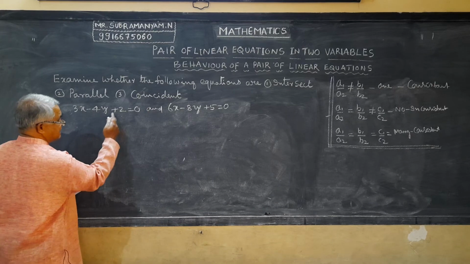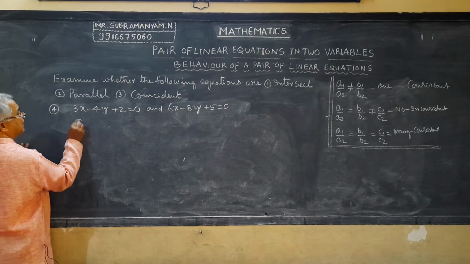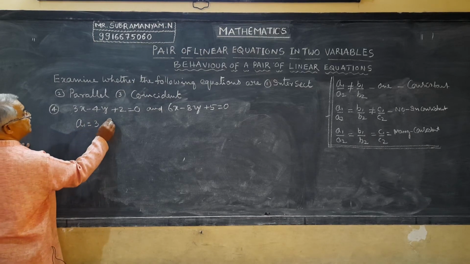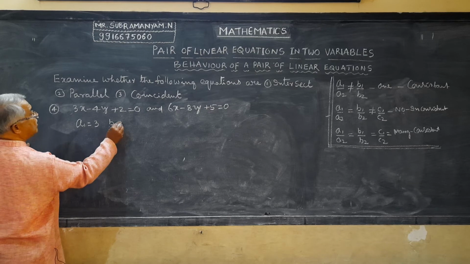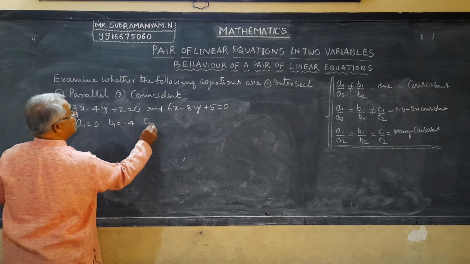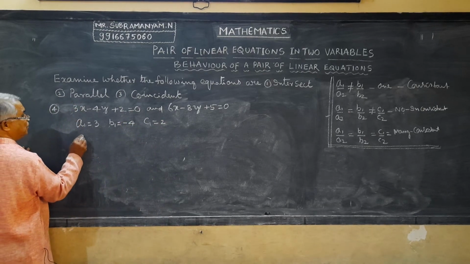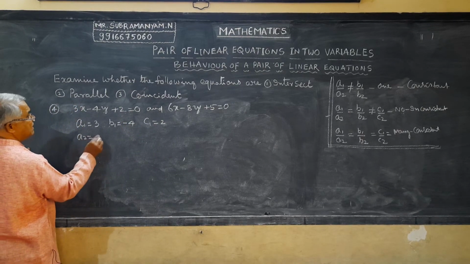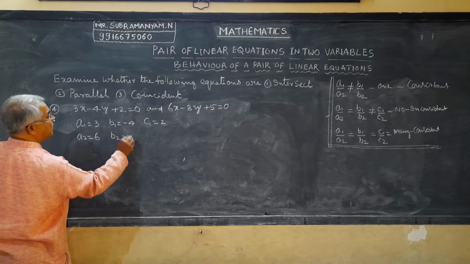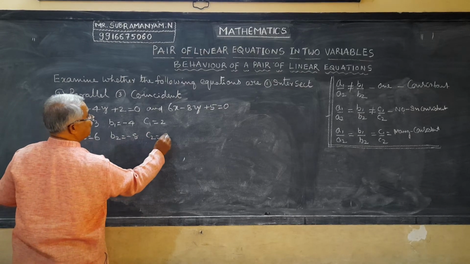So this is standard form. A1 is 3, B1 is minus 4, C1 is 2, A2 is 6, B2 is minus 8, C2 is 5.